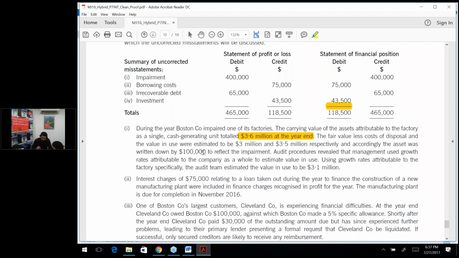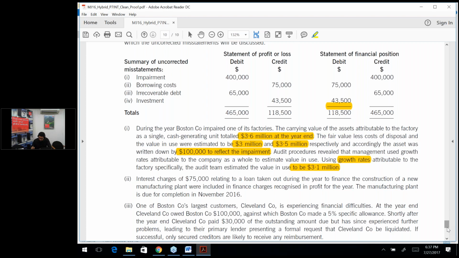Fair value less cost to sell and the value in use were estimated to be 3 and 3.5 respectively. Accordingly, the asset was written down by 100,000 to reflect impairment. Audit procedures revealed that management used growth rates of factories attributable to the company as a whole to estimate value in use. Using growth rates attributable to the factory specifically, the audit team estimated the value in use to be 3.1 million.